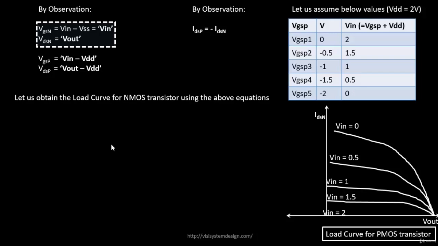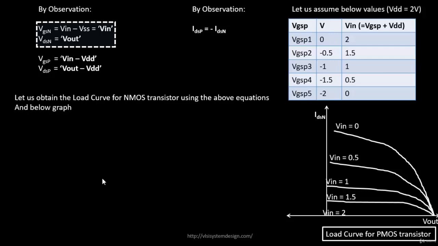This is in contrast to PMOS, which has different node potentials for source and drain. So things become complicated for PMOS, but for an NMOS, your VGSN is directly equal to V in and your VDSN is directly equal to V out. So deriving the load curves for the NMOS transistor becomes pretty simple, and I'll show you how.